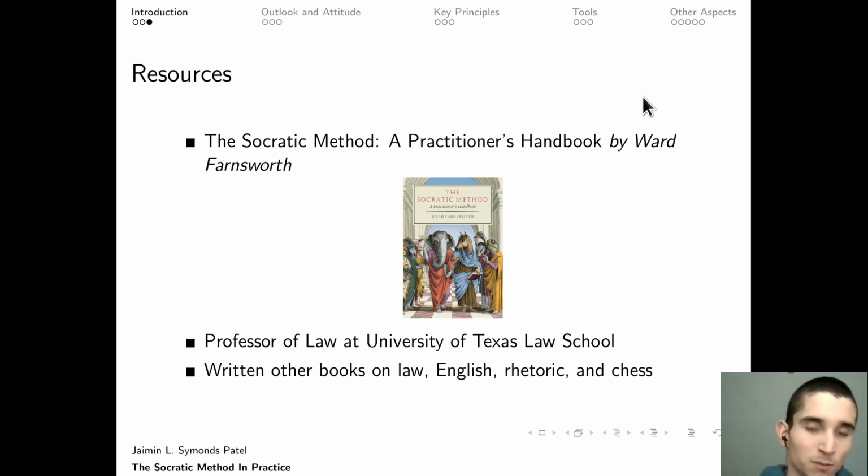I say this because, first of all, he is a professor of law, and I think that gives him a very unique perspective from which to describe this Socratic method in a way that's practical and frankly real, because in law, only in law, are you forced to use this method in a way that you can effectively refute other people's arguments, construct your own arguments, and ultimately win the case for your client, right?